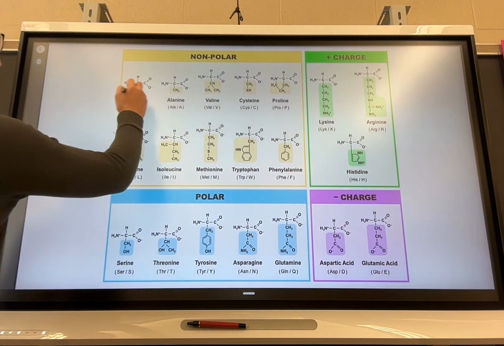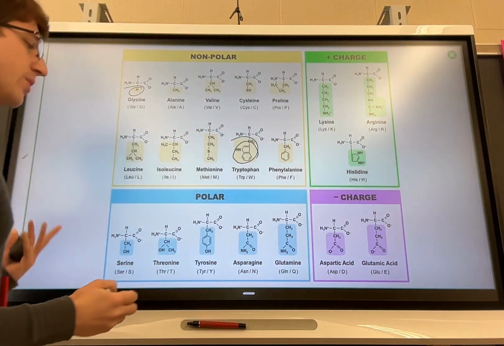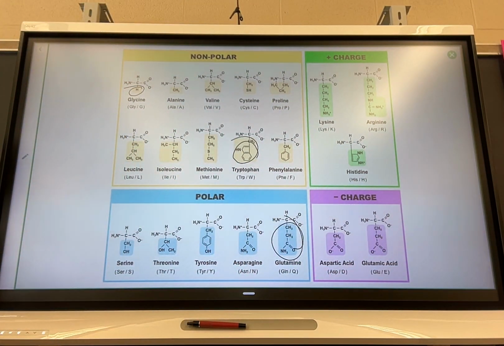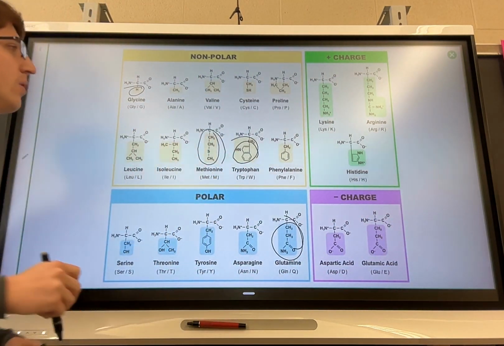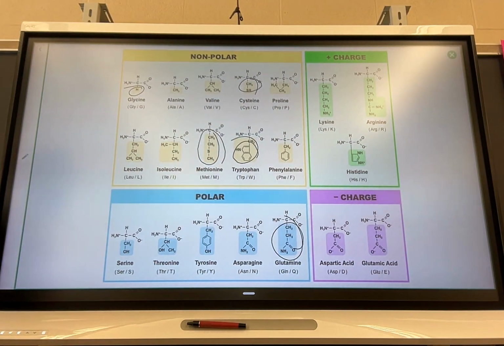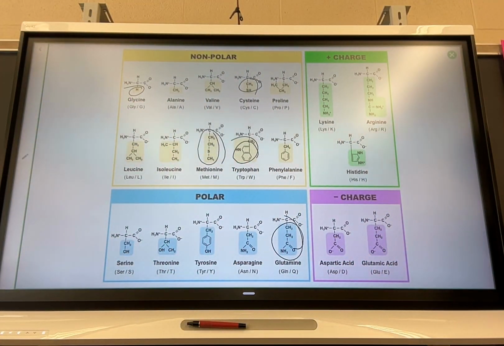So for example, glycine, you can see, has just an H. Tryptophan has a bunch of rings. Glutamine has a bunch of branches and a bunch of nitrogens and things like that. We did find sulfur in ones like methionine or cysteine. So each of these are going to have their own special structures, their own special properties, their own special functions.